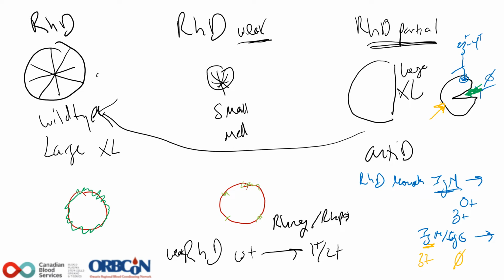As long as there's enough of the pizza pie there for it to recognize, it should be fine. And so remember that partial Ds, pretty much all of them, have the potential to form an anti-D, but for the weak Ds, they don't all form anti-D.